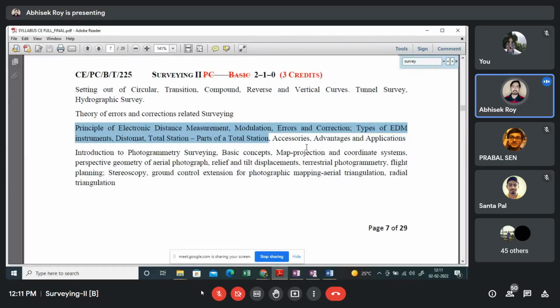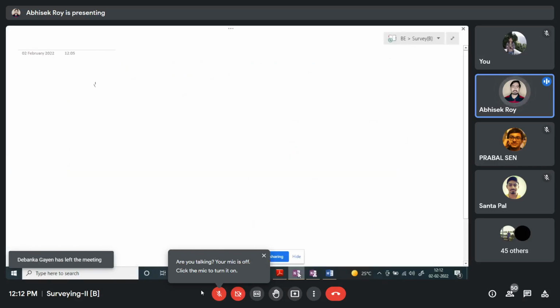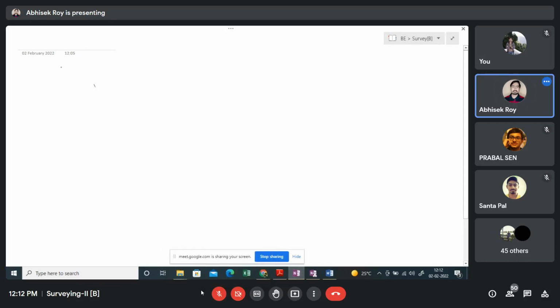In the theodolite we mainly measure angles, and the distance is measured by chaining or by the principle of tachymetry. But in a total station, you can measure the distance electronically. So the basic principle of EDM we will discuss today. Today will be a very basic introduction class for EDM.